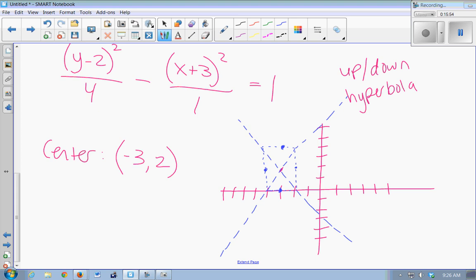So there are my asymptotes. And I know that this is an up-down hyperbola, so the actual hyperbola is on its transverse axis and it opens towards its asymptotes. Sorry, it's on its major vertical axis. So the green is the actual graph. The rest of it is all just guidelines to help you draw it.